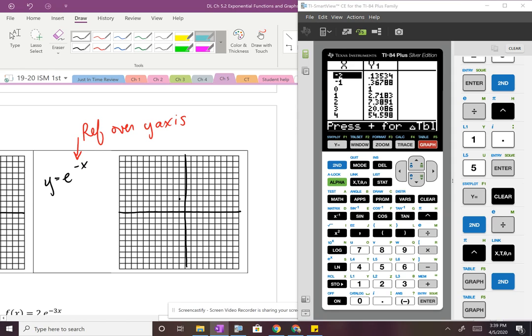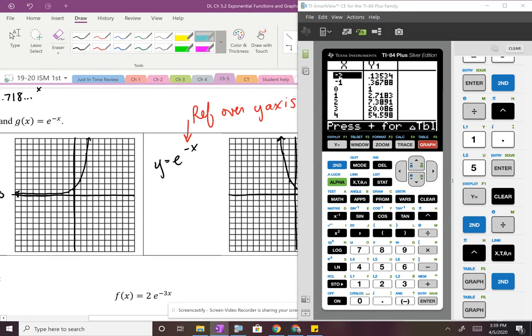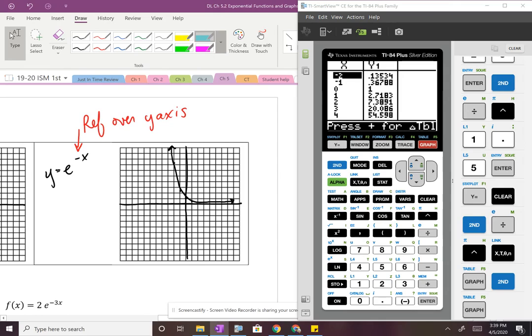So it'll look like this. So now this is a decreasing function. All the functions we've looked at so far have been increasing. So our first one is increasing, our second one is decreasing.